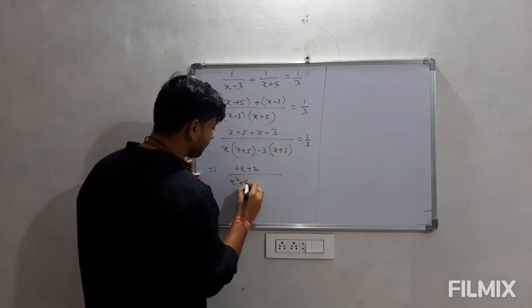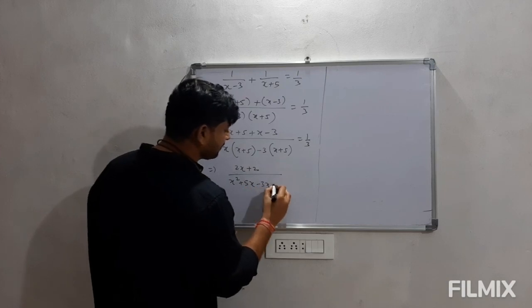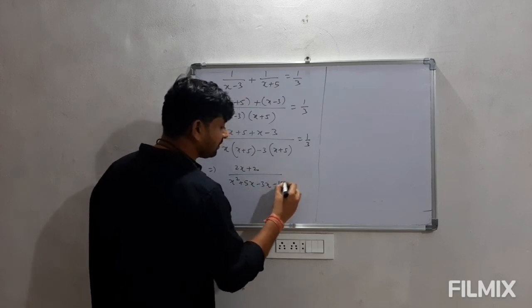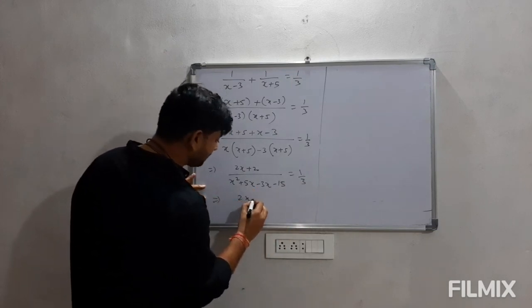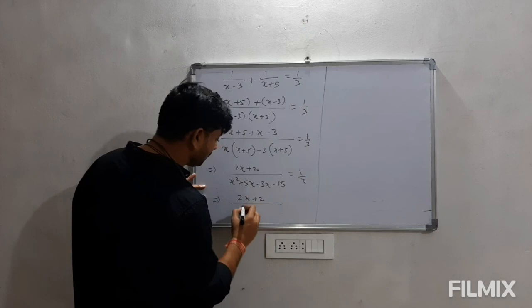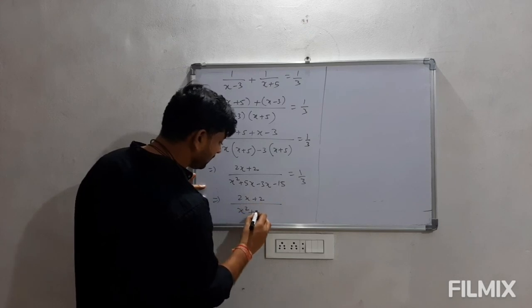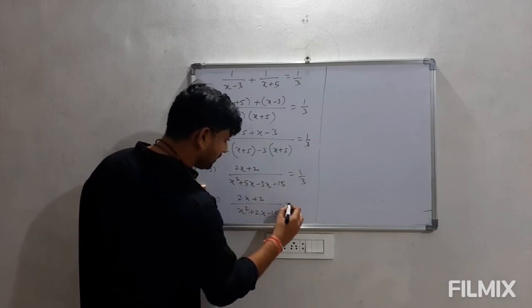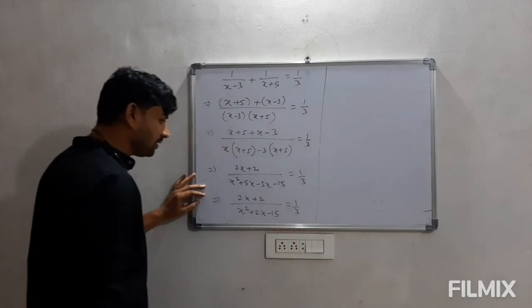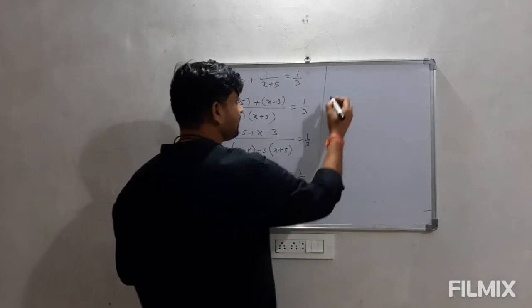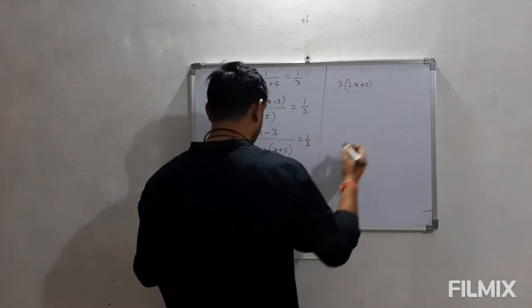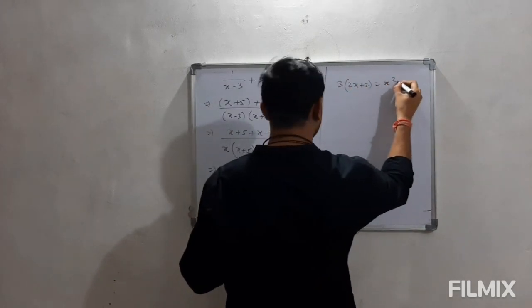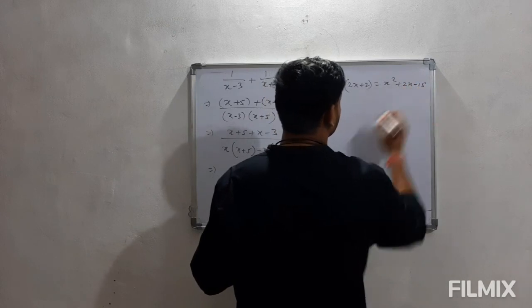So from here if we simplify this, we are getting 2x, and 5 minus 3 is plus 2, upon x square plus 5x minus 3x minus 15 is equal to 1 upon 3. Let us simplify it further. 2x plus 2 upon x square plus 2x minus 15 is equal to 1 upon 3. If we further cross multiply, we are getting 3 times 2x plus 2 is equal to x square plus 2x minus 15.